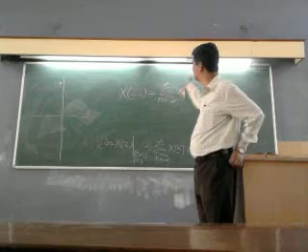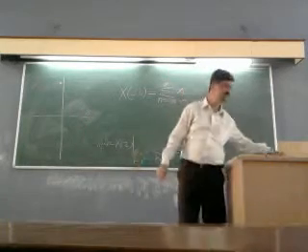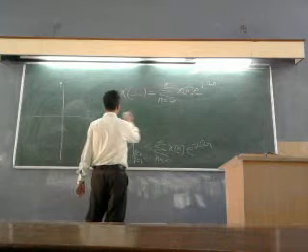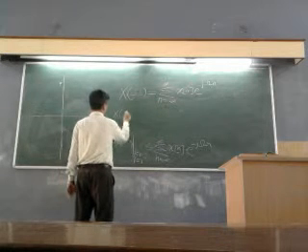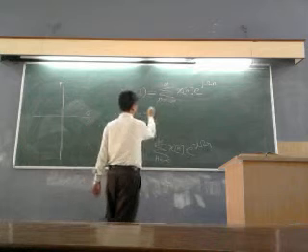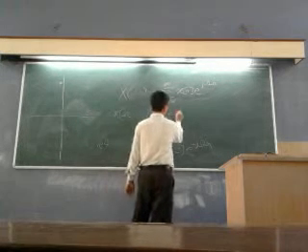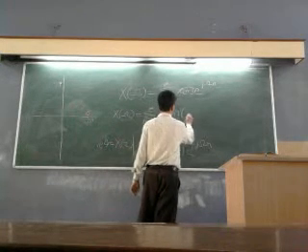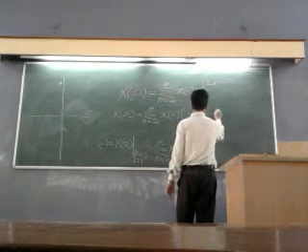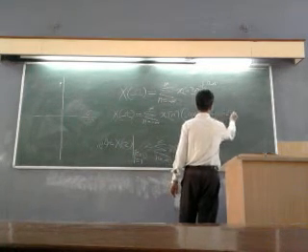So this can be alternatively represented as X of omega equal to summation n equal to minus infinity to infinity x of n into cos omega n minus j sin omega n.